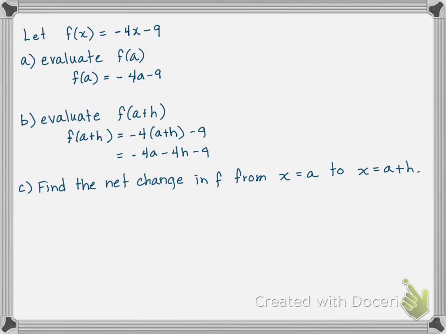So far, so good? And then when all was said and done, f of a plus h minus f of a was negative 4h. I think that's what I saw in everybody's paper. Is that what everybody got? Does anybody want to see the details? Do we feel good? Okay. Very good.